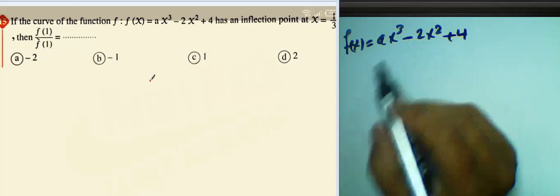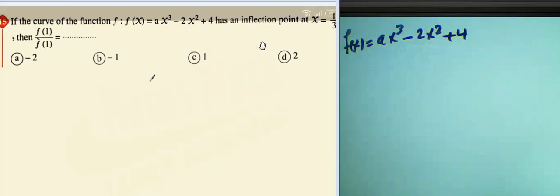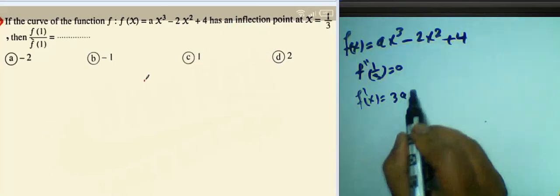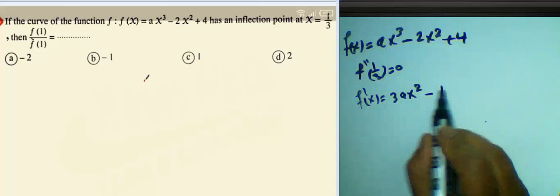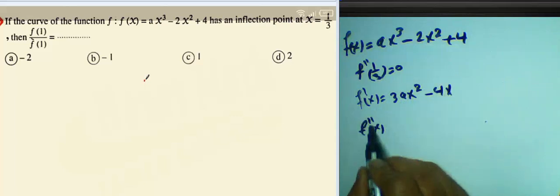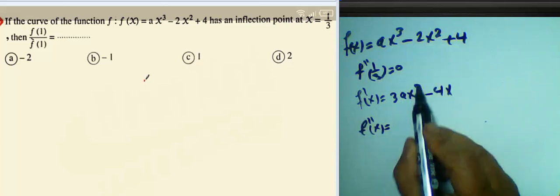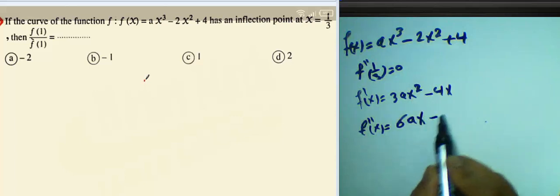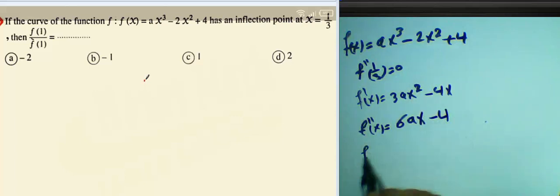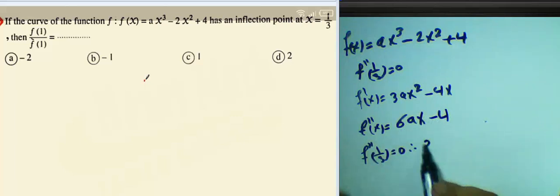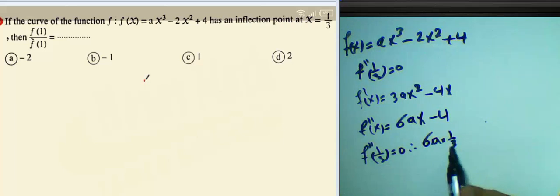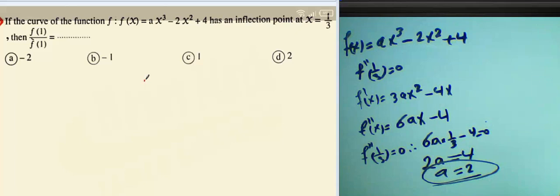He gives us the information that it has an inflection. That means f dash is 3ax power 2 minus 4x, and f double dash of x will be 6ax minus 4. Then f double dash of a third will equal 0. Then 6 times a multiplied by a third minus 4 equals 0. 6 divided by 3 equals 2, so 2a minus 4 equals 0. It will be equal to 4, then a will equal 2.